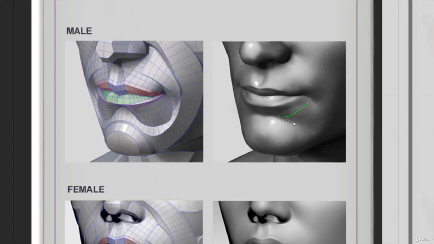Notice how we're going to have these two volumes going in a diagonal shape toward this part of the chin, and then the chin will be right in the middle, kind of a diamond shape like that.